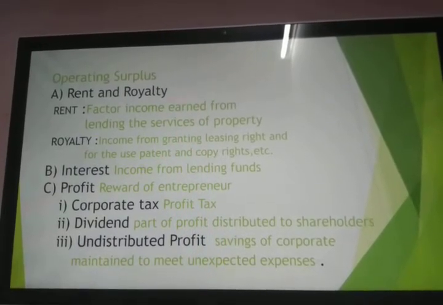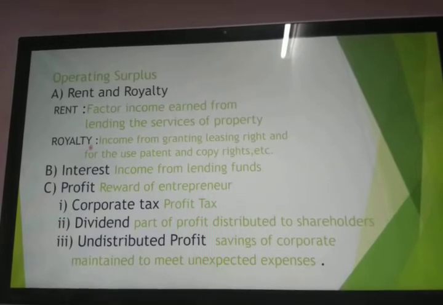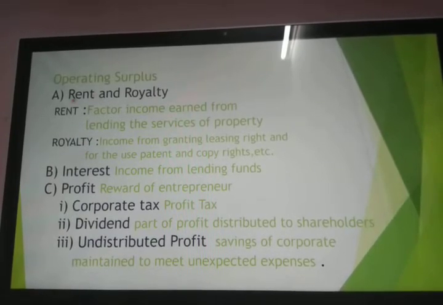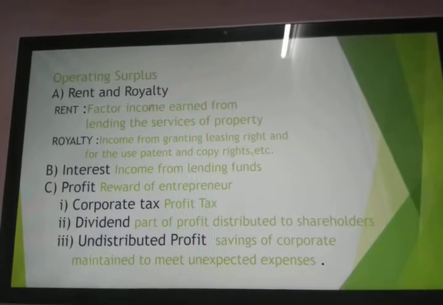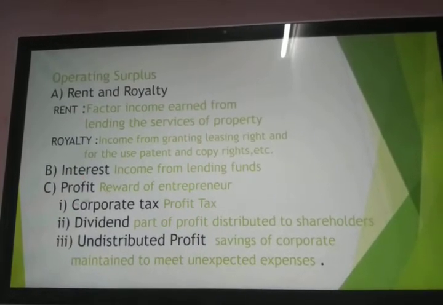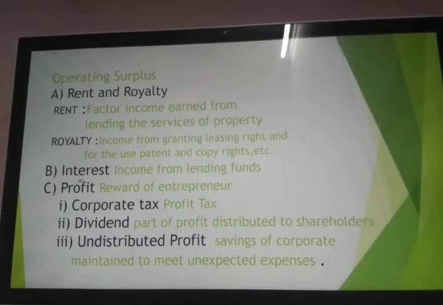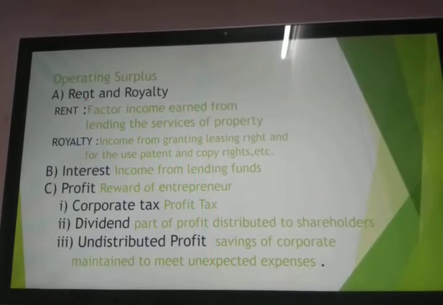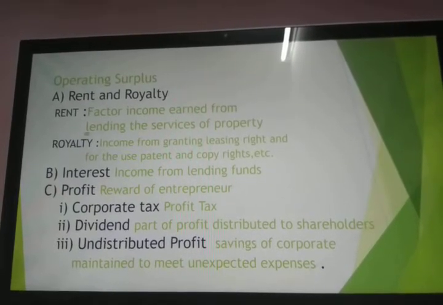Operating surplus is, in other words, you can call it income from property, that is rent and royalty and even interest, and income from entrepreneurship, that is profit. So first of all, we'll be taking rent and royalty. What is rent?